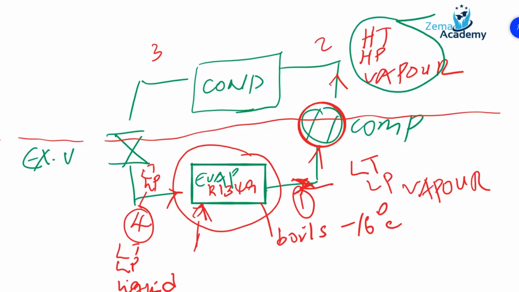So imagine you have high temperature and high pressure vapor that you can use for different applications, whether for space heating or for hot water, depending on the application. But the only way to extract that is to pass it through a condenser.